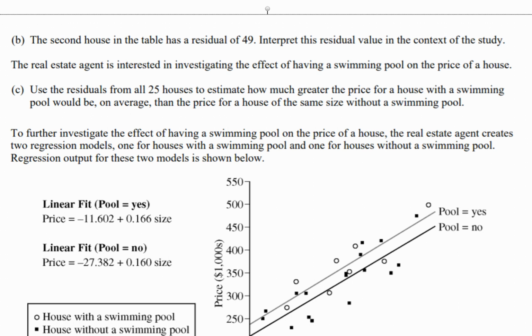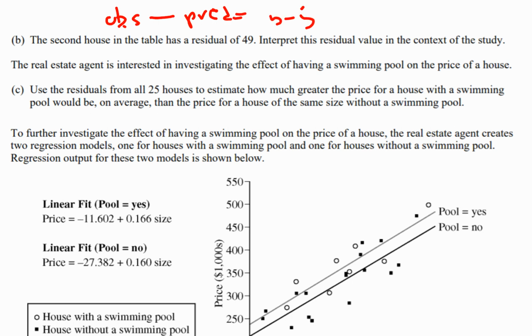Okay, part B. The second house in the table has a residual of 49. Interpret this residual in the context of the study. So they want to make sure that you know what a residual is. We kind of already talked about that, but just in case you missed it, a residual is always your observed value minus predicted, or y minus y hat.